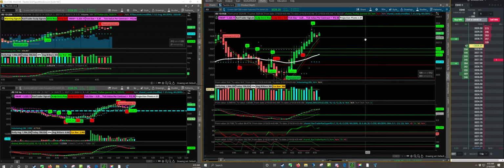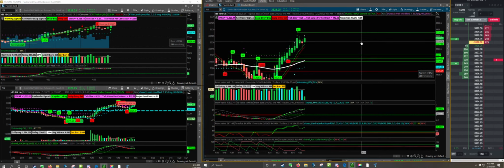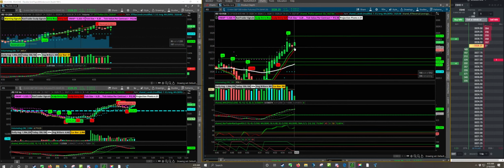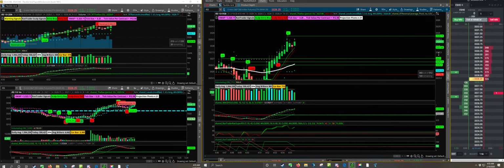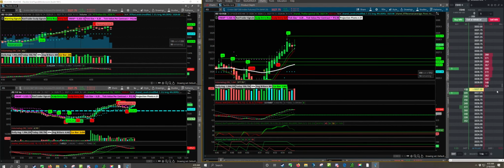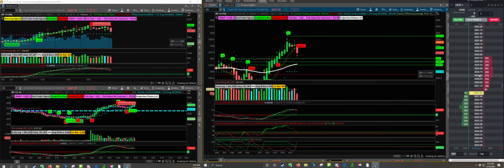There's your R1. Let's see where our next level two is at. Let's go 29 long, 27.5 short.